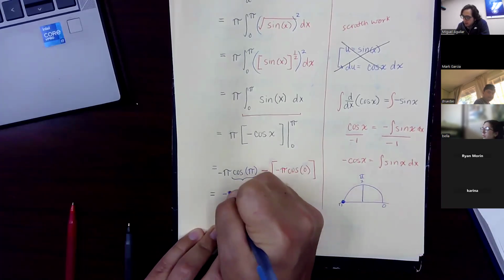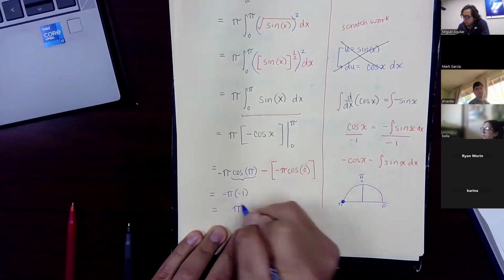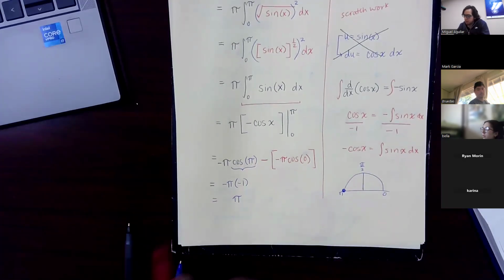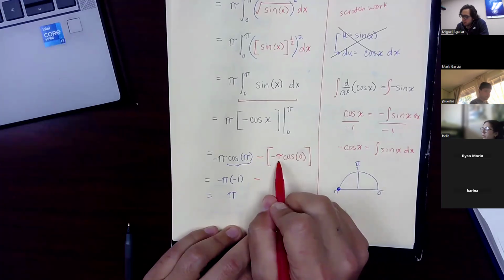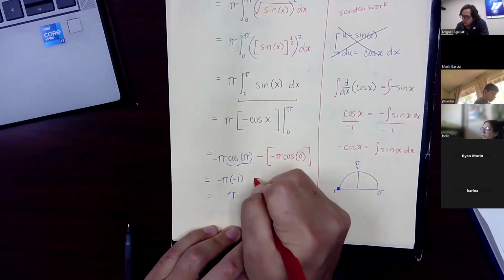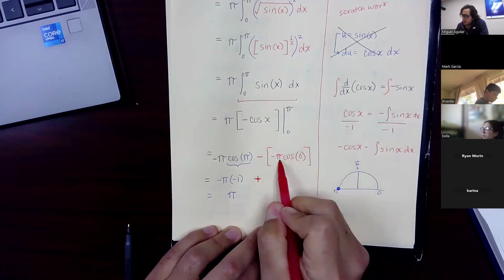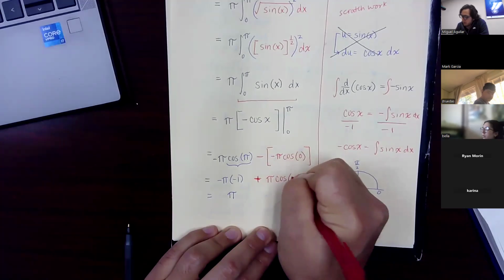So this is just negative pi times -1, which would just be pi, or since you can think about this like negative negative, so that's going to be a plus pi, cosine of 0.